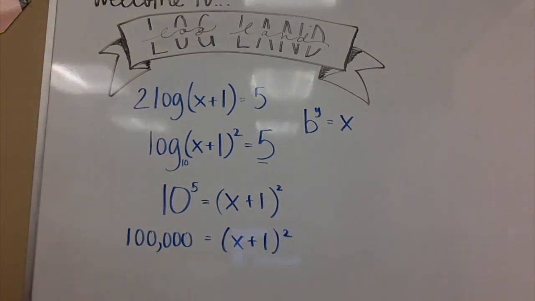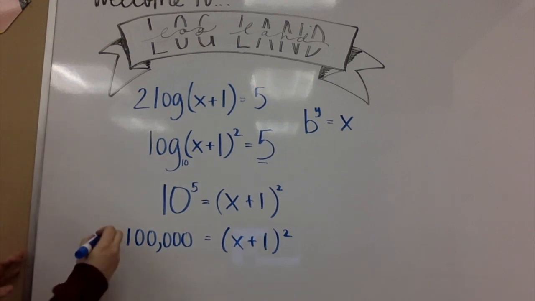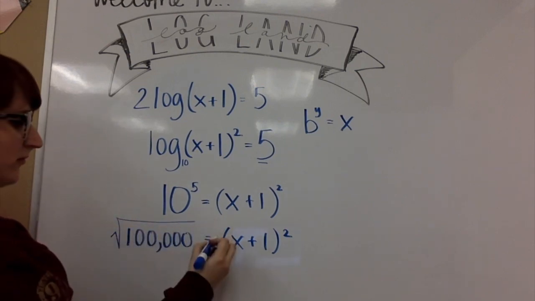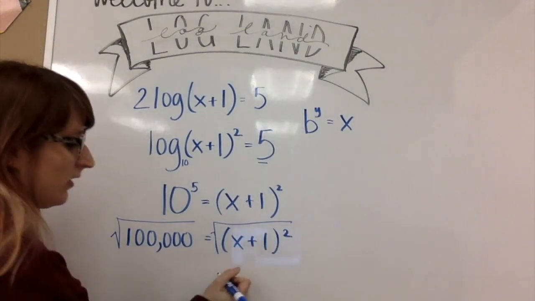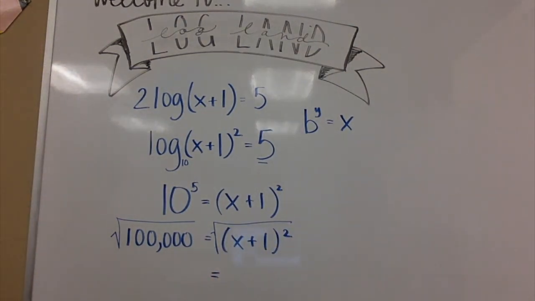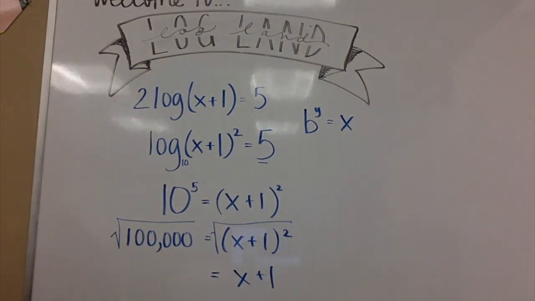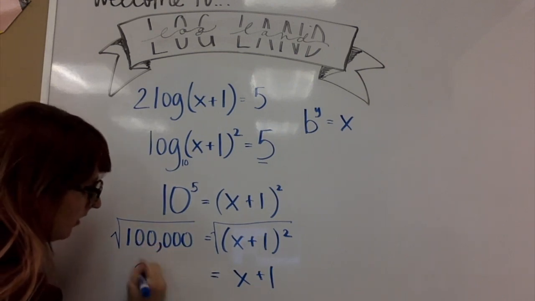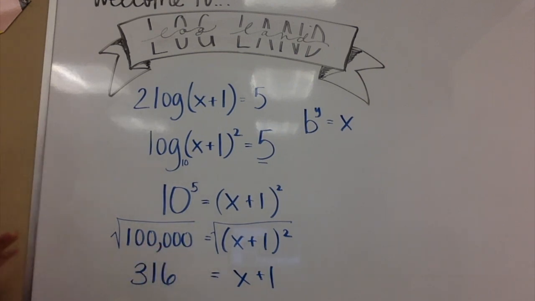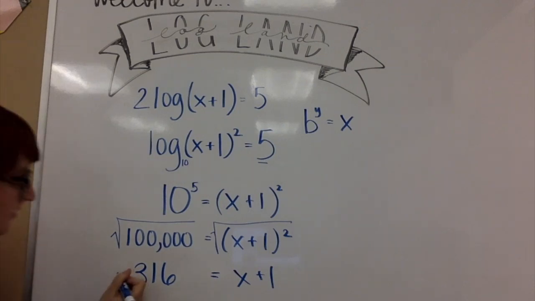We want to undo this square by taking the square root of both sides. The x plus 1 squared just becomes x plus 1. And then the square root of 100,000 is about 316. Now, since I'm taking the square root, that means it's plus or minus.